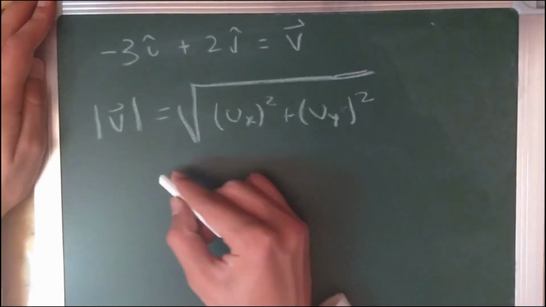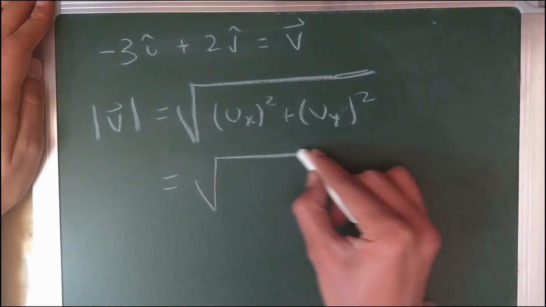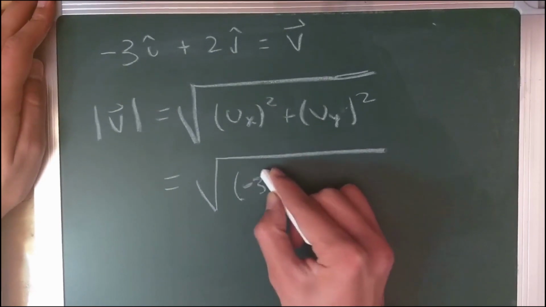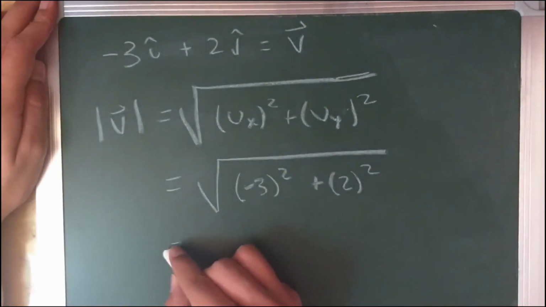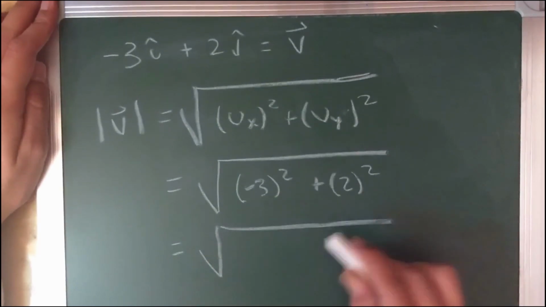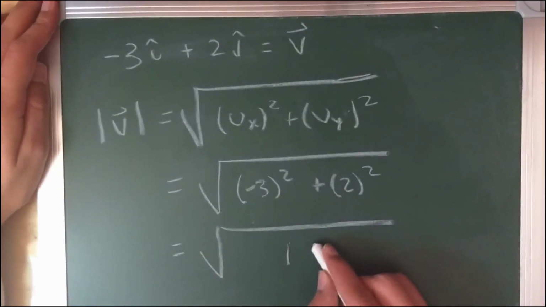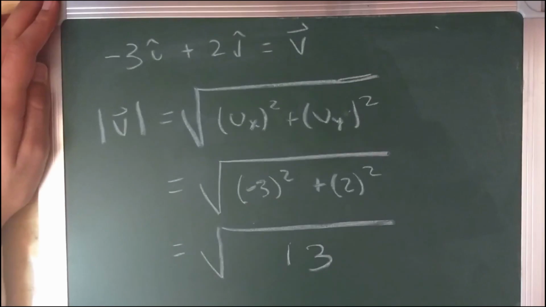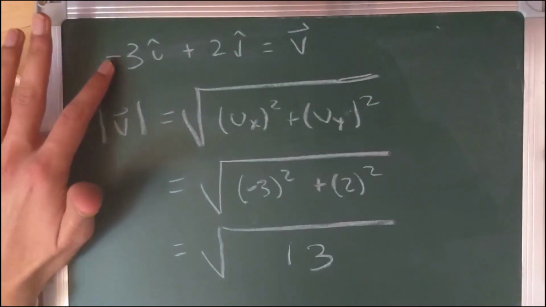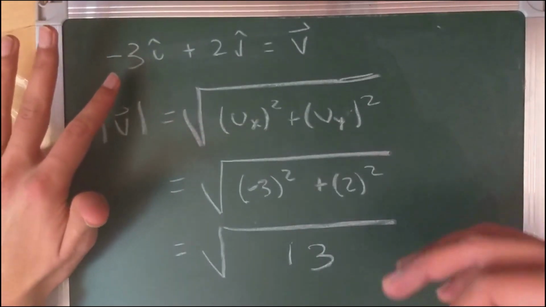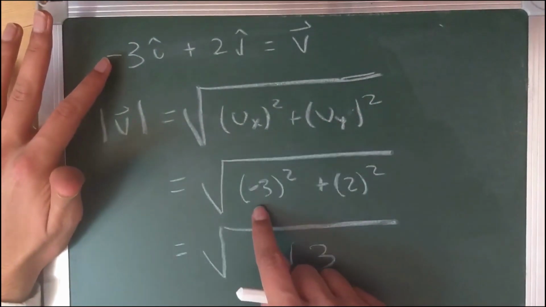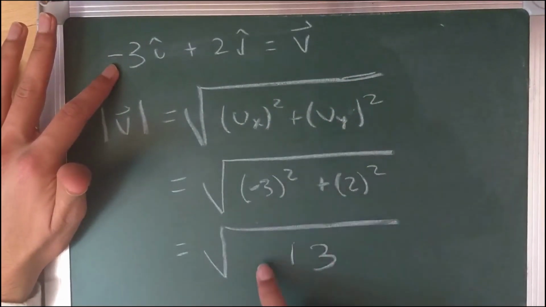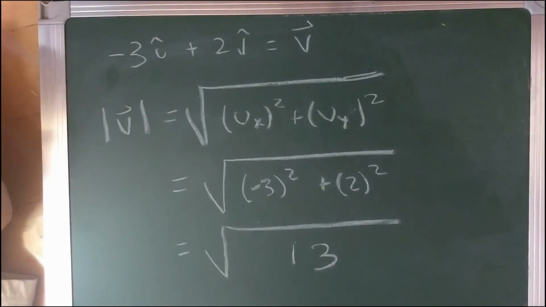And we know there's no z component, so we could simply do this as negative 3 squared plus 2 squared, and that's just 9, that's 4, so this is just the square root of 13. So notice how the sign on this i hat component, which gives it a direction in the negative i hat direction, has no impact on the magnitude because that goes away with the square.